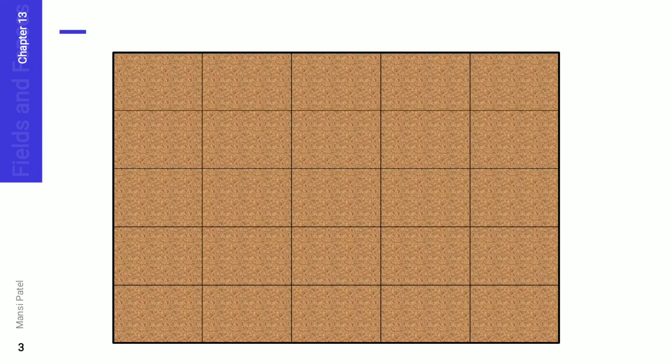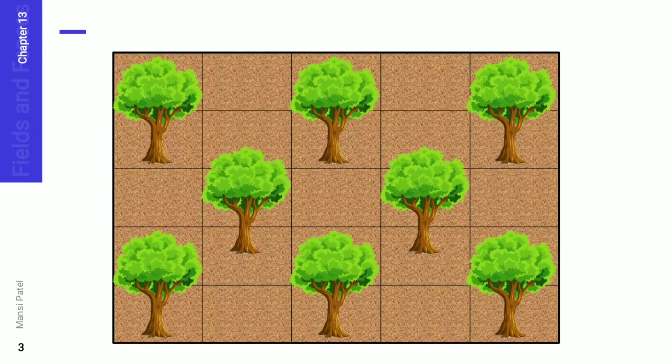See here, this is one piece of land. In this piece of land, if I want to plant some trees, where can I plant them? Yes, I can use the land which is covered by the fence.